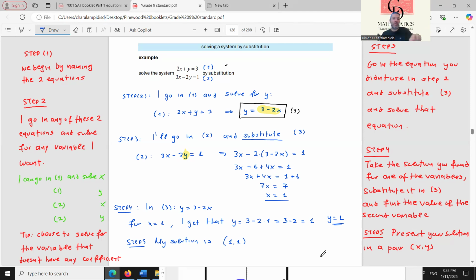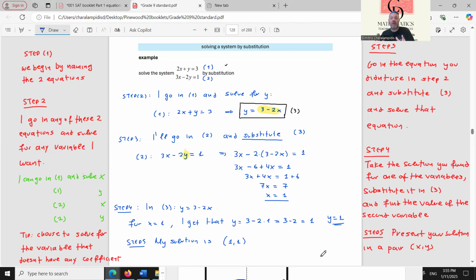I go in any of them, either in the first or in the second, and solve for any variable I want. As a tip, if possible, go and solve for the variable that does not have any clear number in front, or even better, if you want to express it better, go to the variable that has only number 1 as a coefficient.